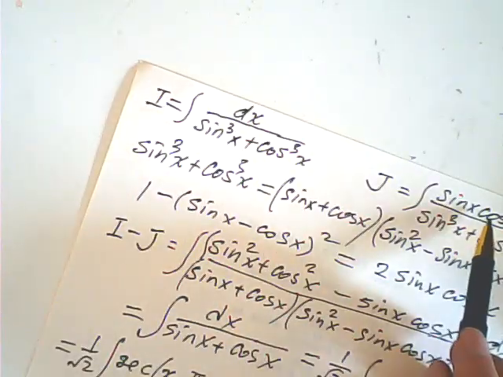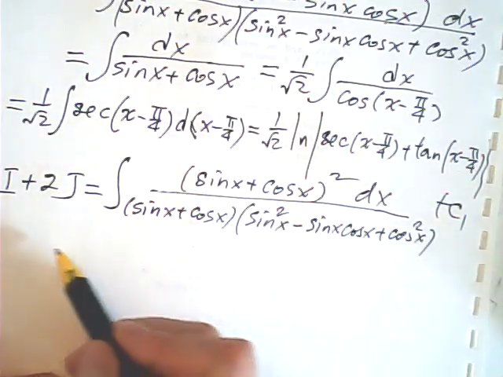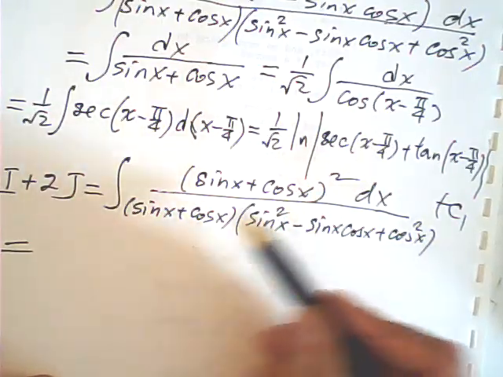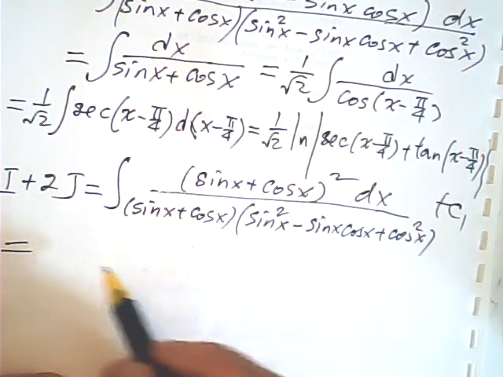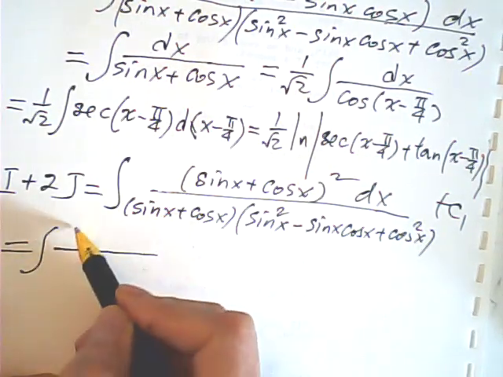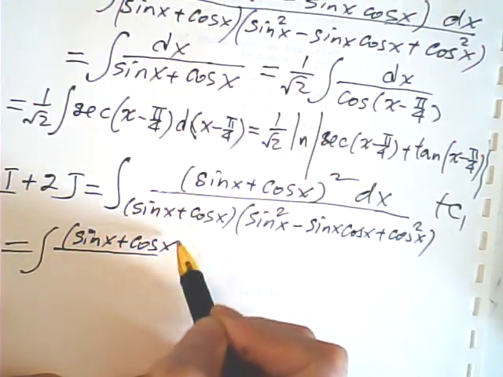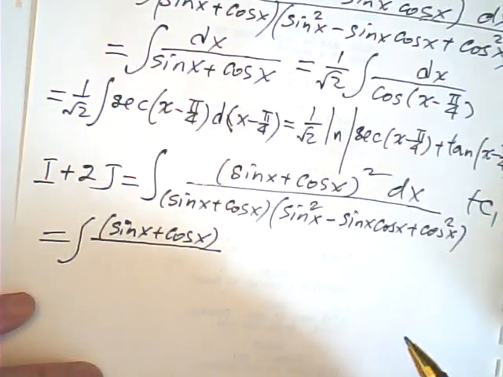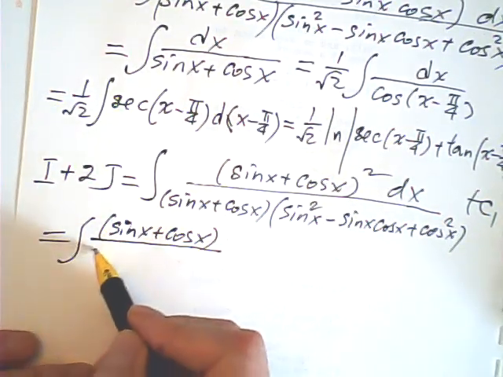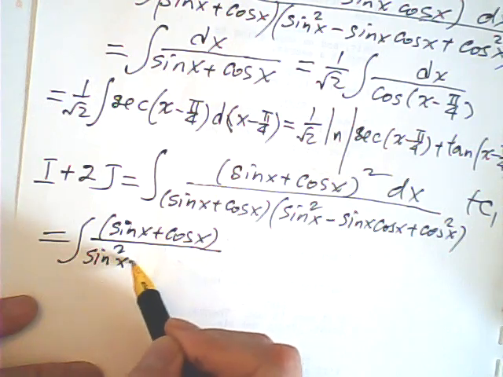Now we can cancel one of them, and it becomes sine x cosine x, and this is gone.